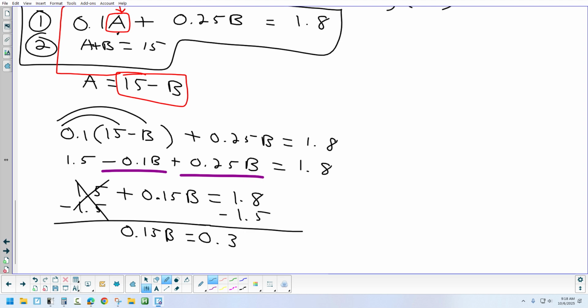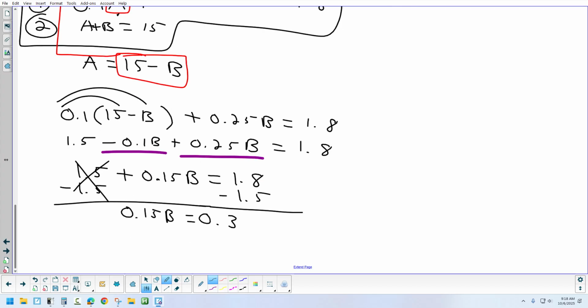And how about, Remy, what would my last step be to get rid of that 0.15? Divide. Yep, perfect. And what are you going to divide by? 0.15. And these actually are nice numbers. Does anybody know how many times 0.15 goes into 0.3? 2 times.